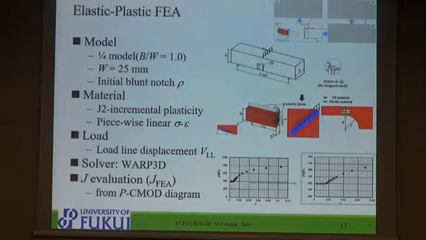The details of EP-FEA are summarized on this page. The FEA J, designated as JFEA, was evaluated using load versus crack mouth opening displacement diagram based on ASTM E1921. And CTOD was measured at node A, as shown in this figure.